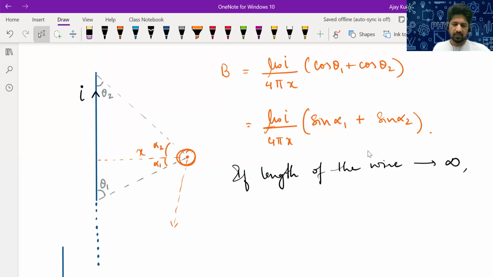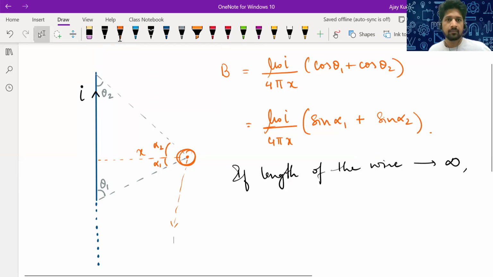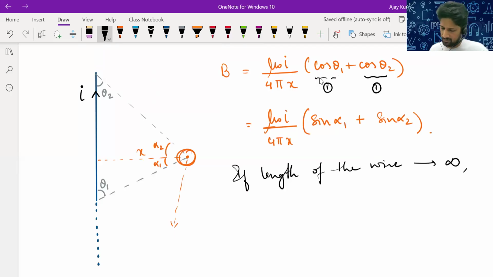If the wire is infinitely long, how much will theta 1 become? 0, sir. 0, correct. Theta 2 also will tend to 0. If theta 1, theta 2 tend to zero, then cos theta 1 will become 1 and cos theta 2 also will become 1. Then that bracket will become 2.